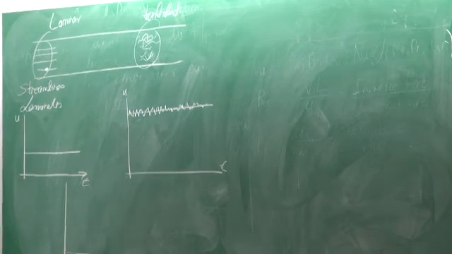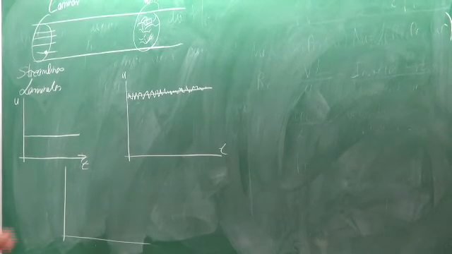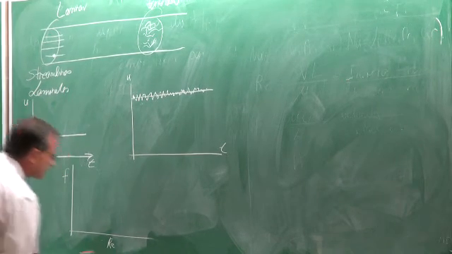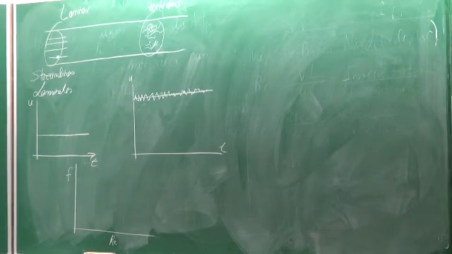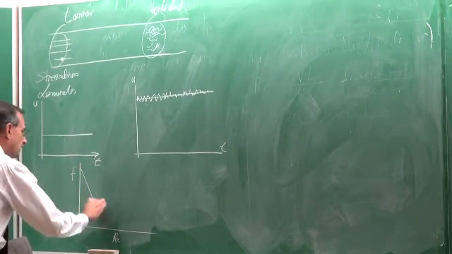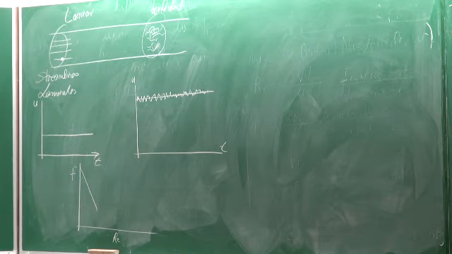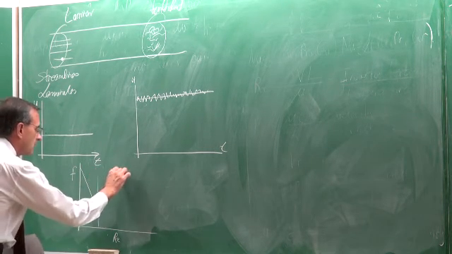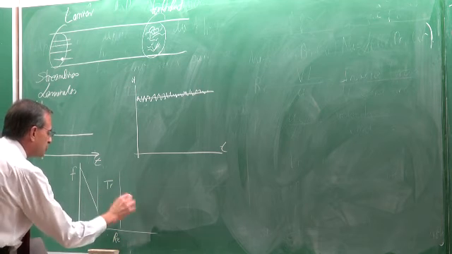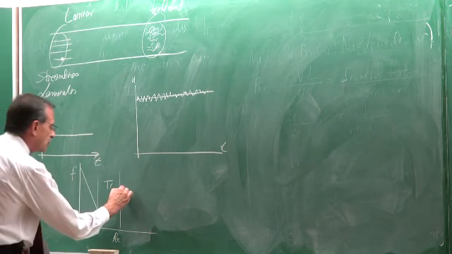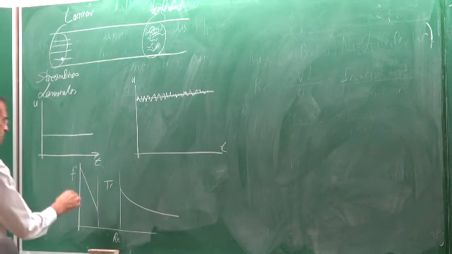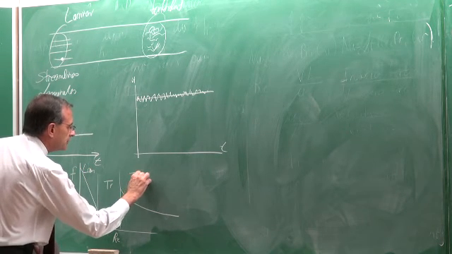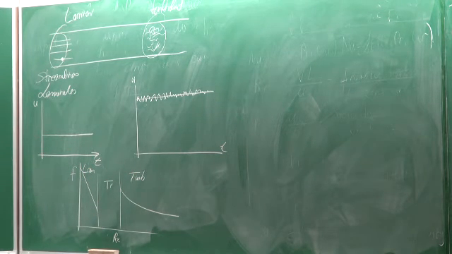Okay, something like that. And if we look at the pressure drops as a function of Re, so if we go and measure the pressure drops, then we will have something like that, f equals 64 divided by Re in the laminar flow regime. Then we will have a regime of transition and then a regime of turbulent flow. So that would be laminar, that would be turbulent. Okay.